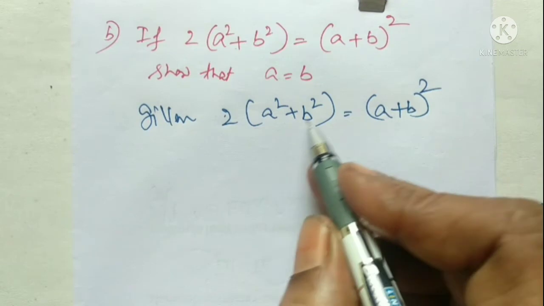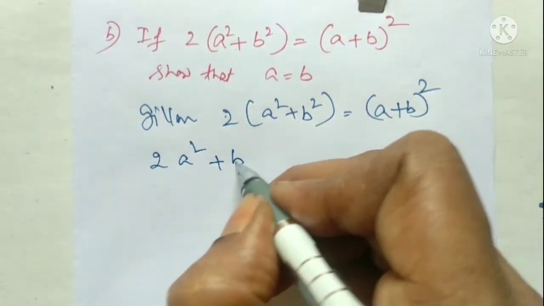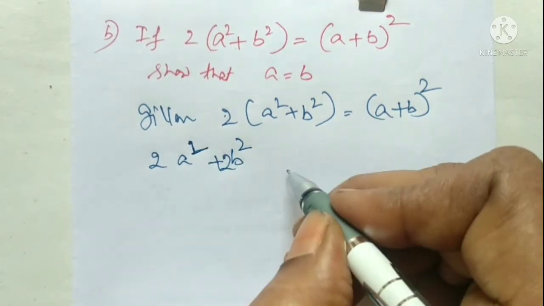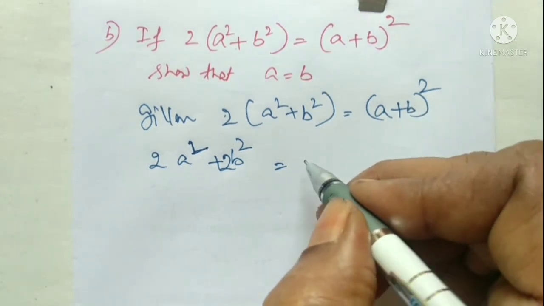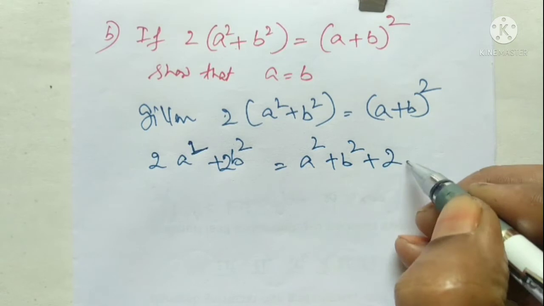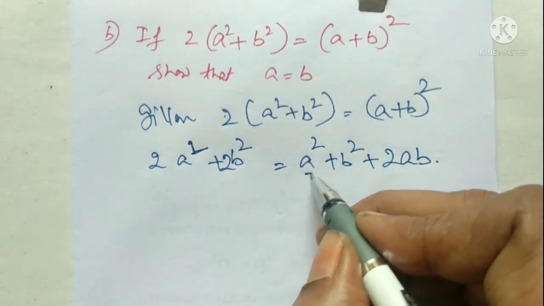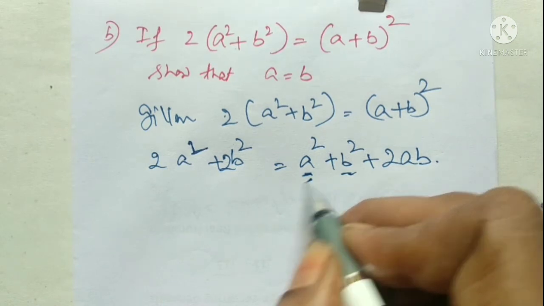Now we are expanding into 2a square plus 2b square is equal to a plus b whole square. We are using the identity, that is a square plus b square plus 2ab.